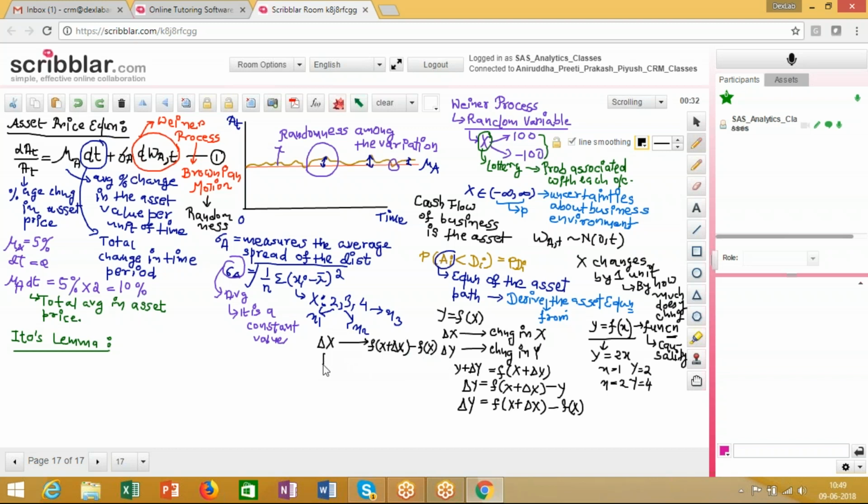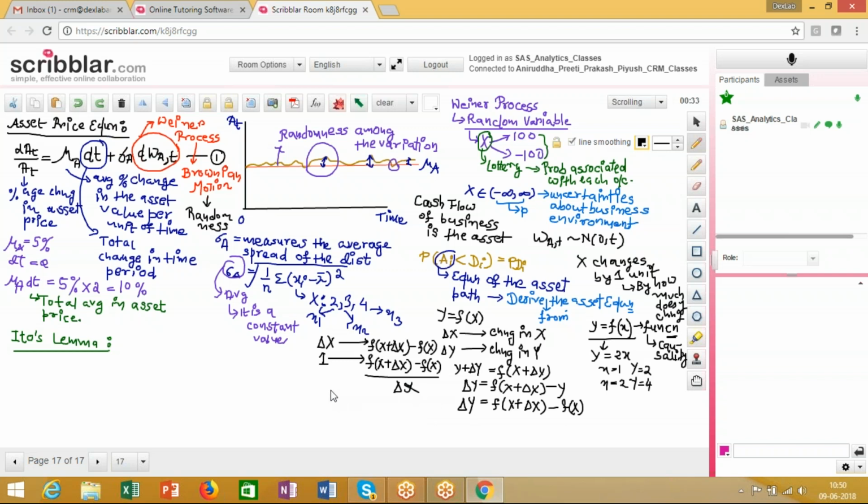So if x changes by 1 unit, then the change in y will be f of x plus delta x minus f of x, divided by delta x.